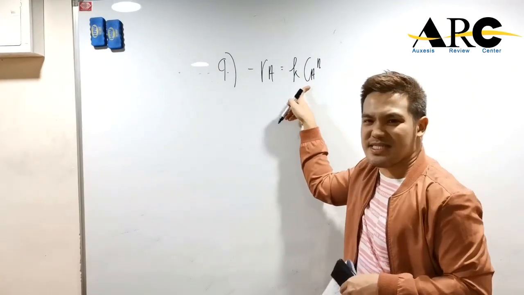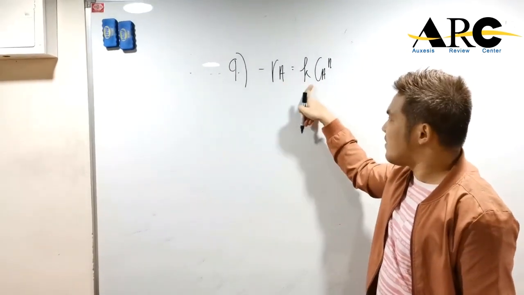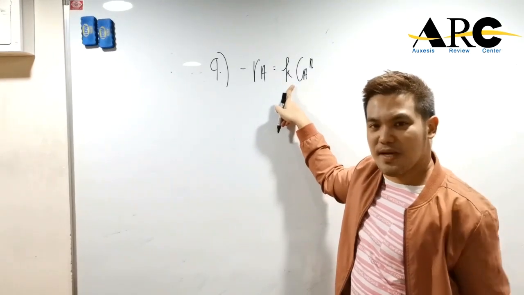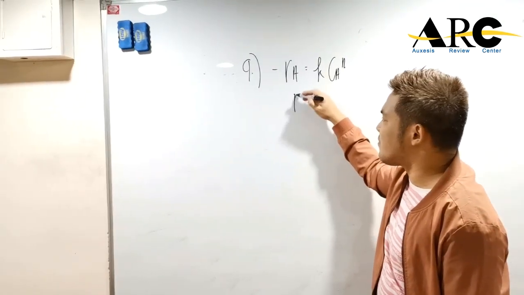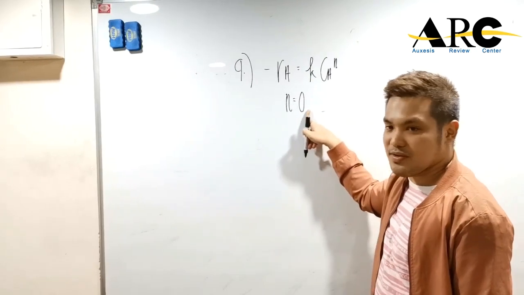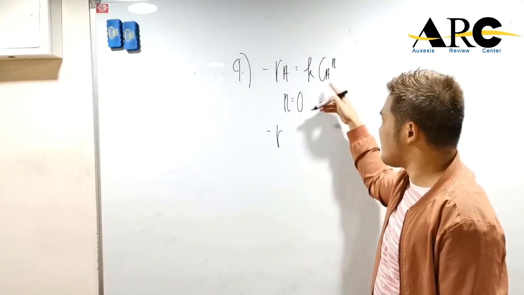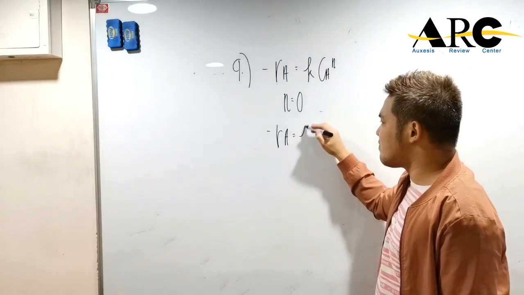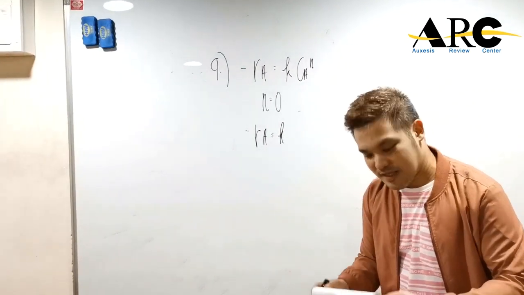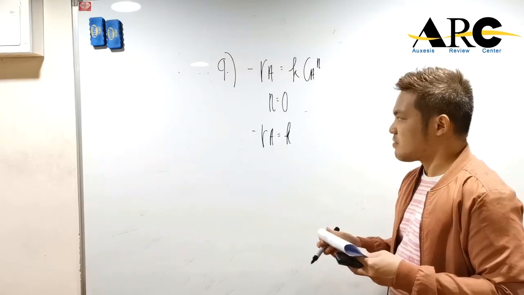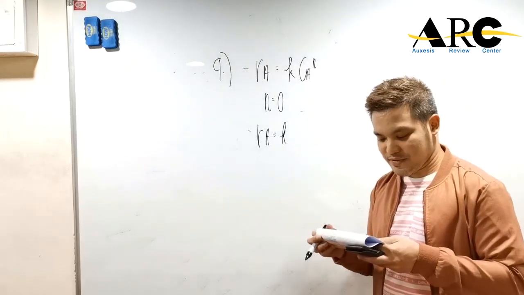So, paano natin masasabi na yung negative rA natin ay hindi nakadepende sa concentration ng reactant A? Once na ang order natin ay zero order. Di ba, if CA raised to 0, negative rA is only equal sa k. Naintindihan ba? So, ang answer ay letter C.